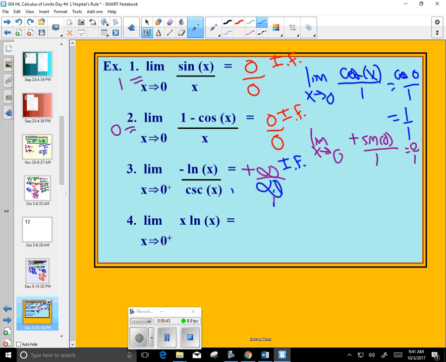So we can rewrite this as the limit as x approaches 0 from the plus side. The derivative of natural log is 1 over x. The derivative of cosecant? Negative cosecant x cotangent x. Good.